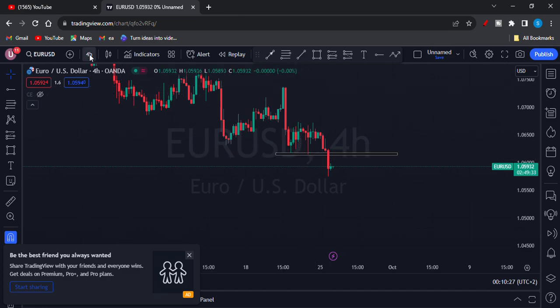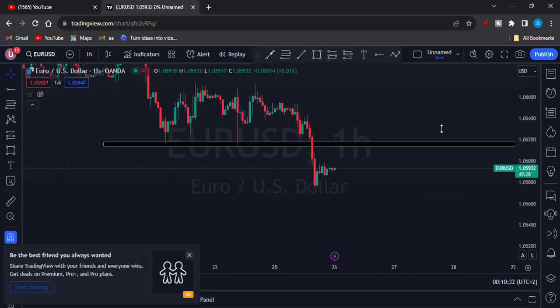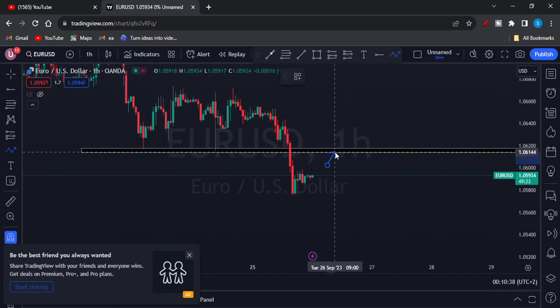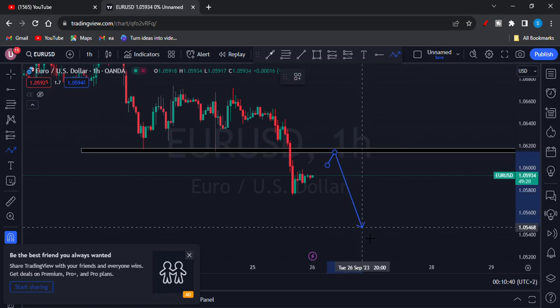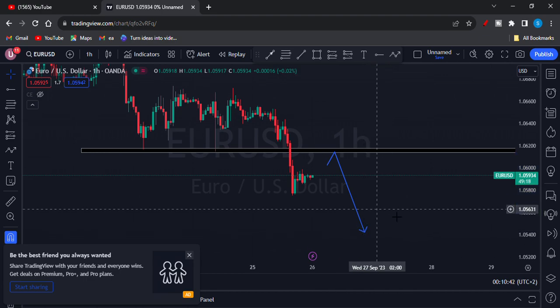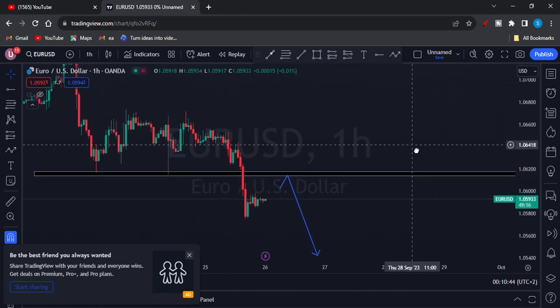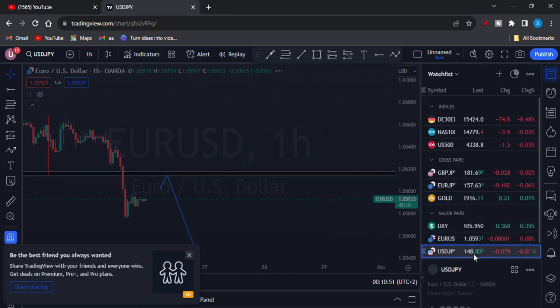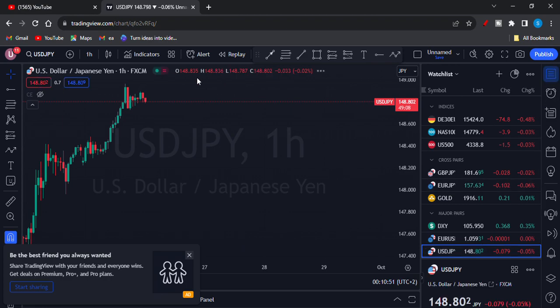So let's go to the hourly. Since we broke this support area, I'm just going to expect a retest around these areas and then sell. So that's my analysis for EURUSD.